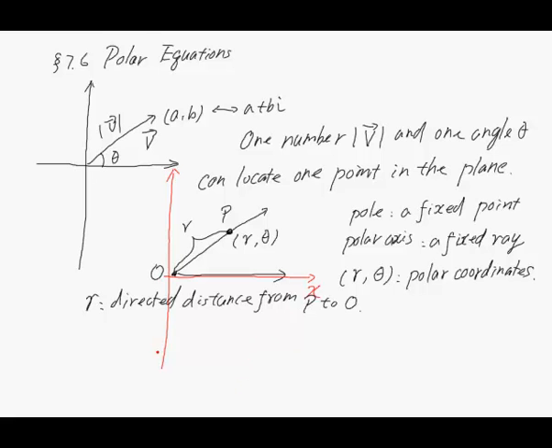Okay. And theta, this guy, is the angle whose initial side is the polar axis and the terminal side is the ray going through the point P. So theta is formed by this polar axis and one ray going through the point P. So if r is positive, then this point P is r units away from this pole, on the terminal side going through this point P, on the terminal side of this angle theta.